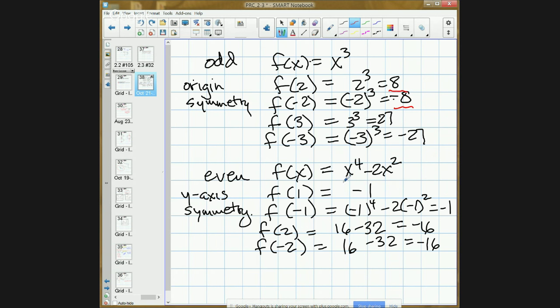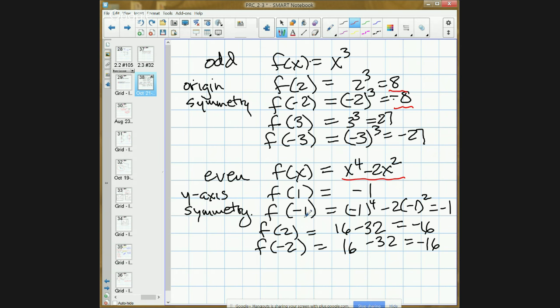And then come down here and look at this one. Looks like it's got even exponents. So might it be an even function? Well, let's find out. Let's plug in a number, 1. What happens? 1 to the 4th is 1. And 1 minus 2 times 1 squared: 1 squared is 1, and 2 times 1 is 2. So this becomes 1 minus 2, which is negative 1.